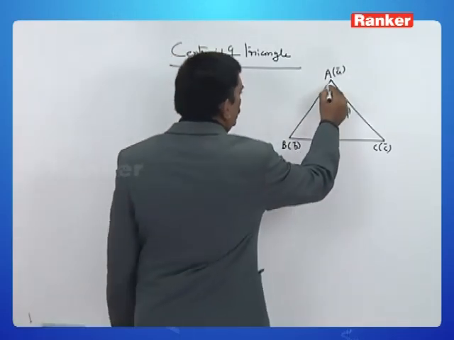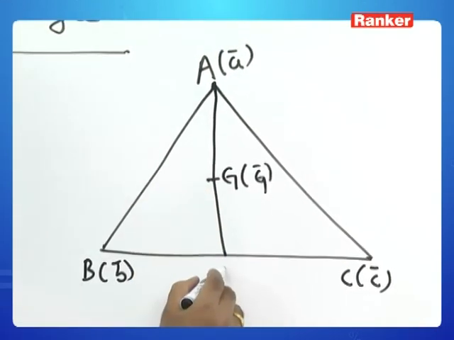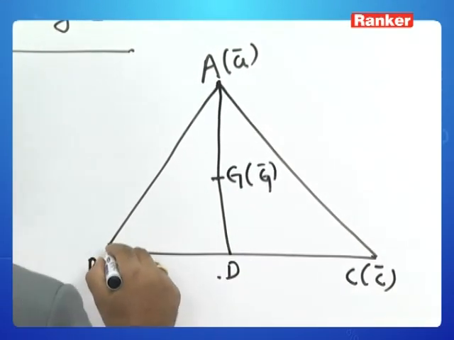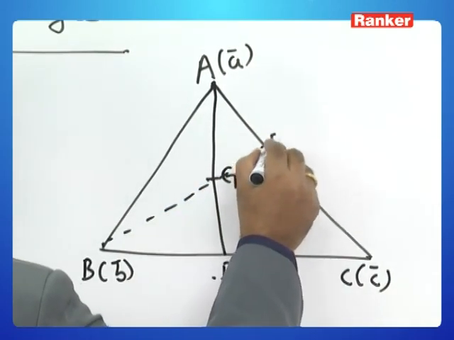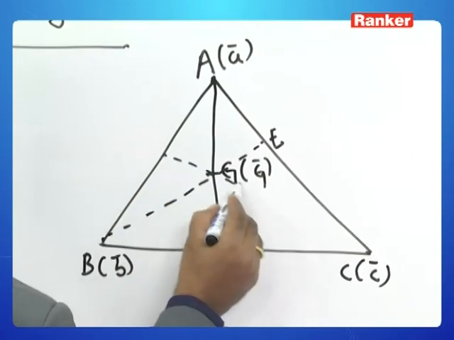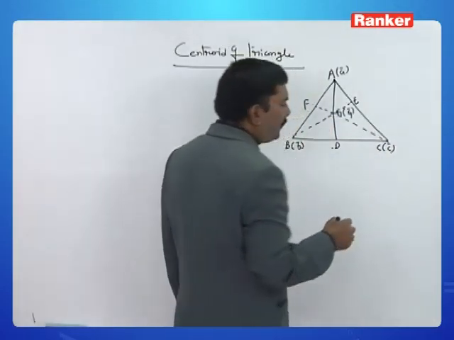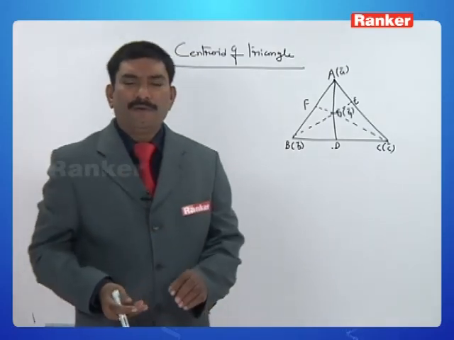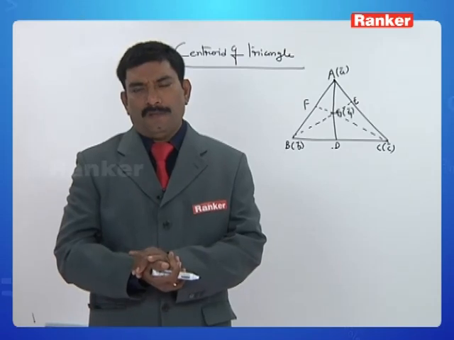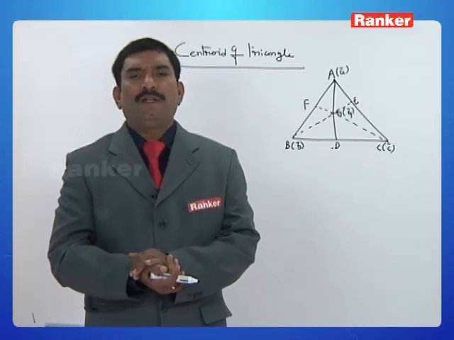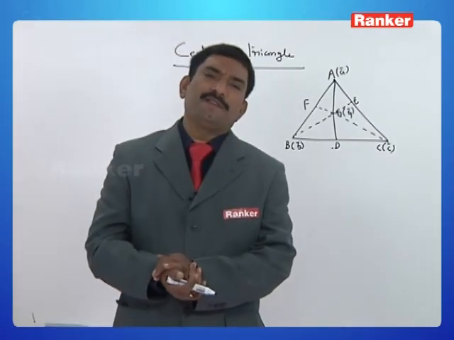Now, if I draw this, a midpoint, this is also a midpoint. So therefore, in a triangle ABC, let D, E, F be the midpoints of the sides.